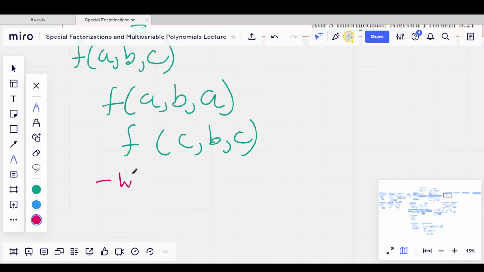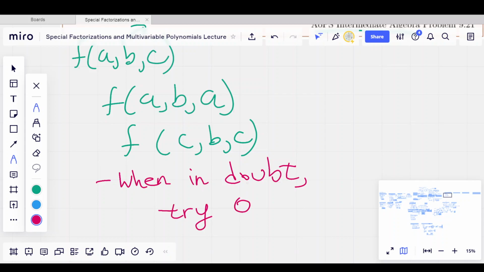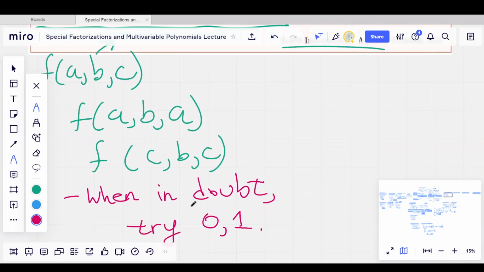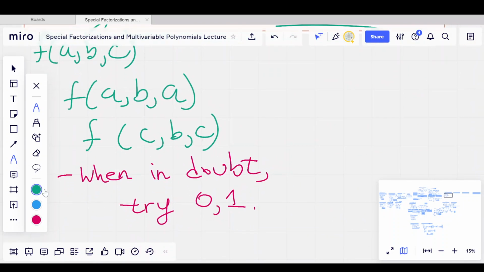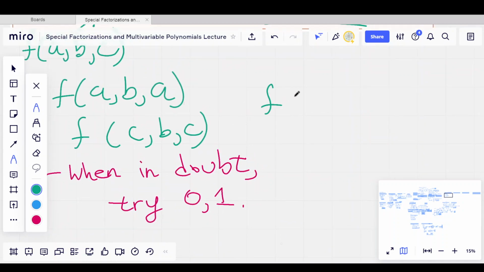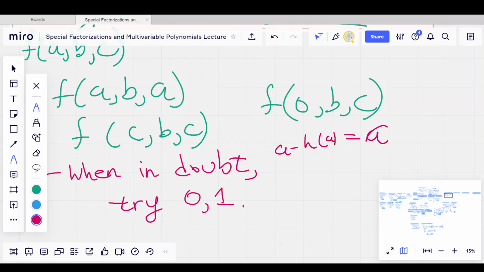So when in doubt, try 0 or 1. Okay, so if you're trying 0, take for example f(0,b,c), you're basically checking whether a is a factor of this.